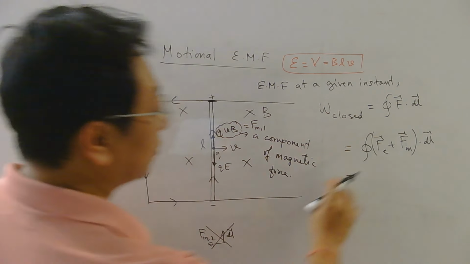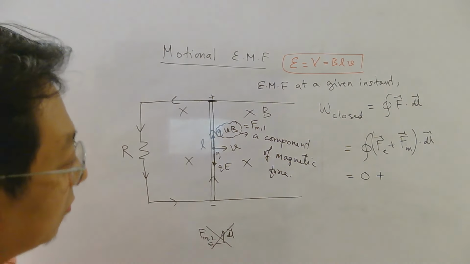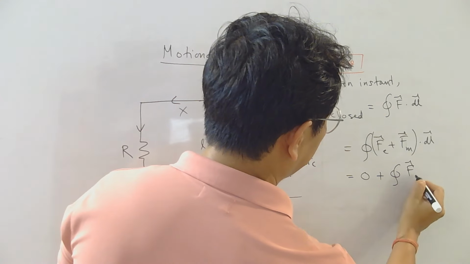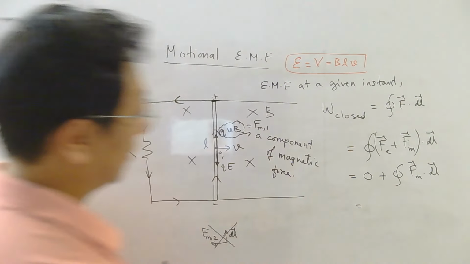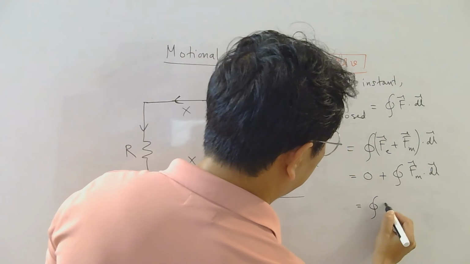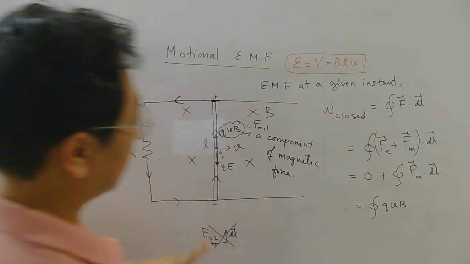Anyways, let's continue. Now the first term is electrostatic force, so work done by that will be 0, it's a conservative force, and I'm left with magnetic force dot displacement. So if I continue this, I will get magnetic force is QVB in this direction, dl is along the loop in this direction.